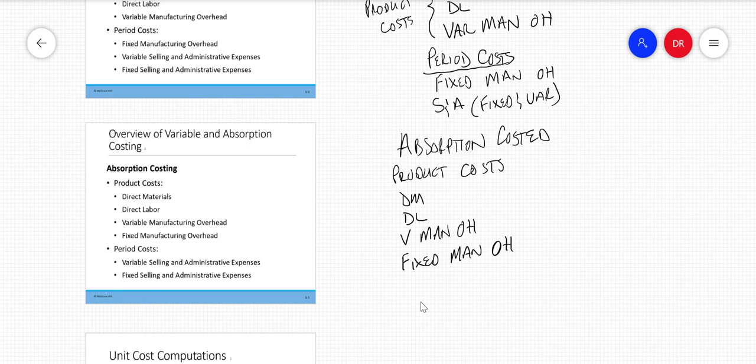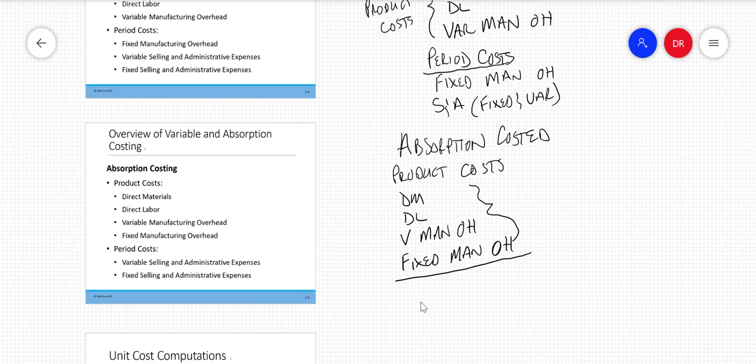What that means is the product cost here will actually put part of the fixed manufacturing overhead cost into the inventory. So these are inventory costs.